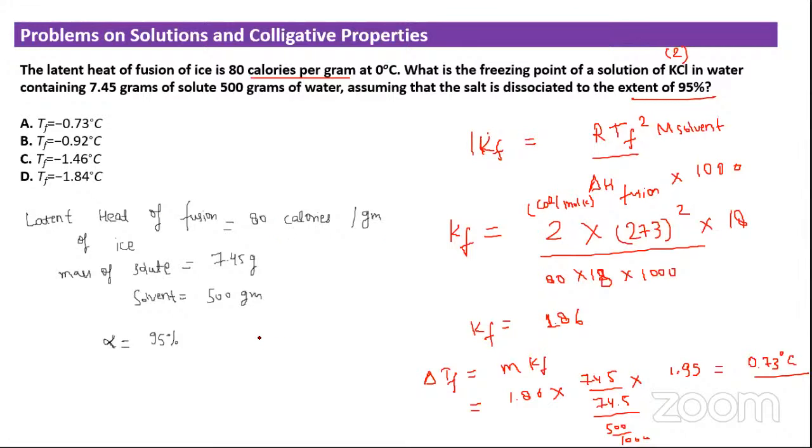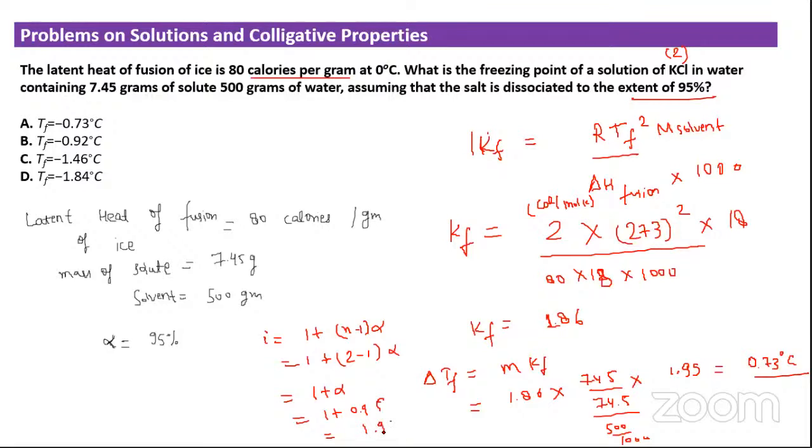तो ये अल्फा की वैल्यू कहाँ से आई, i की वैल्यू, i is equal to 1 plus n minus 1 into alpha. So n is 2 because KCl dissociates into 2 ions. 2 minus 1 into alpha. So i is equal to 1 plus alpha or 1 plus 0.95.